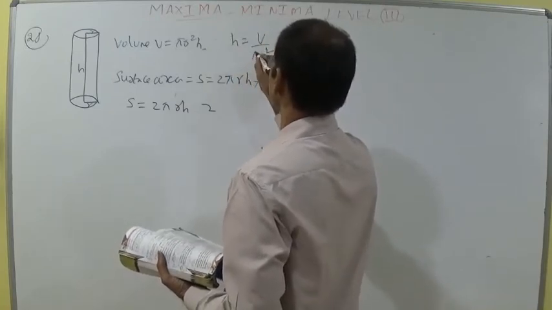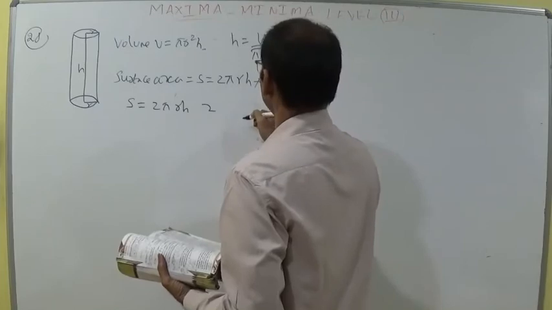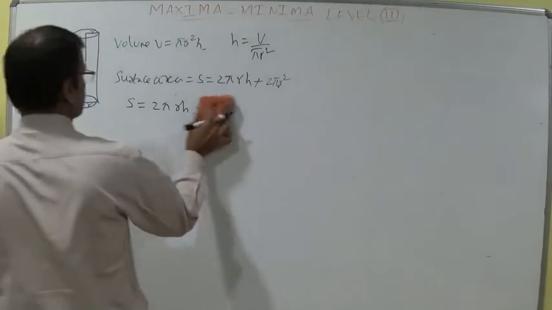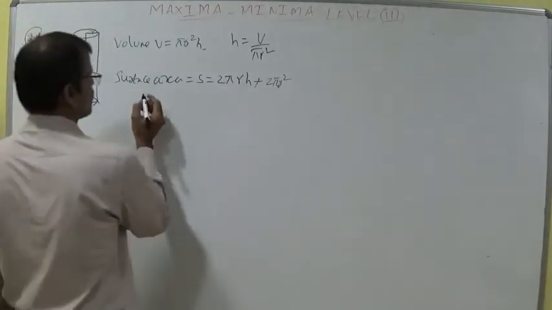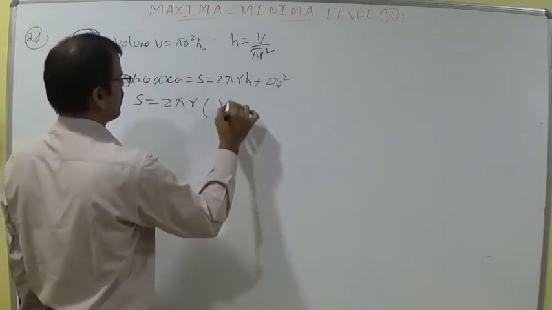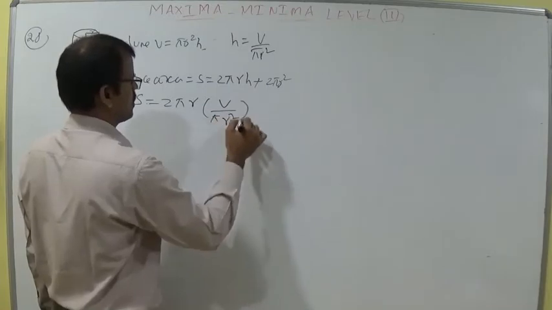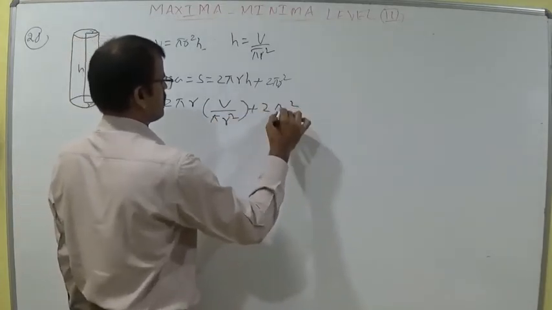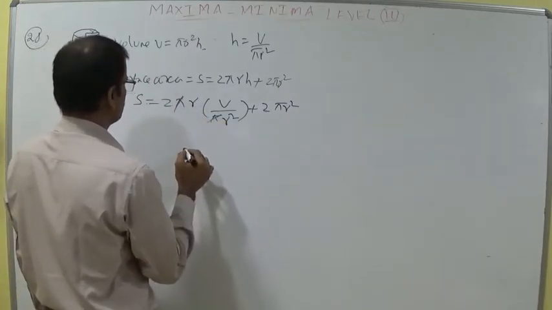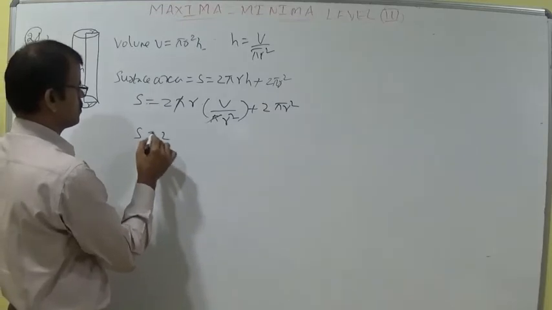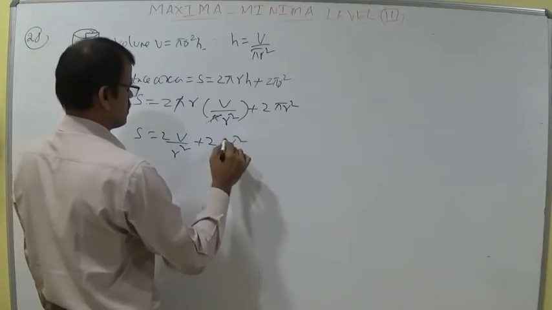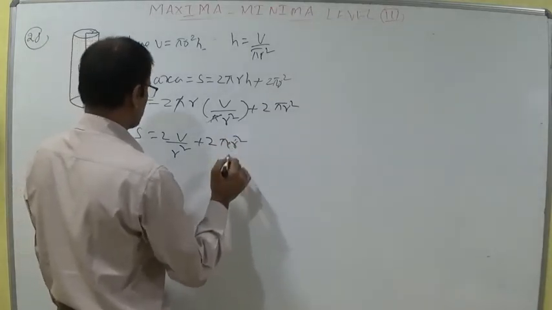If we write here instead of h, V by pi r square, S is equal to 2 pi r into V by pi r square plus 2 pi r square. Here pi and pi get cancelled. S is equal to 2V by r square plus 2 pi r square.